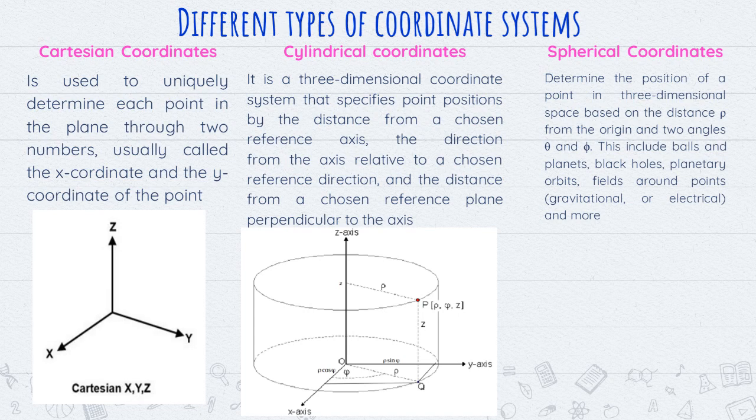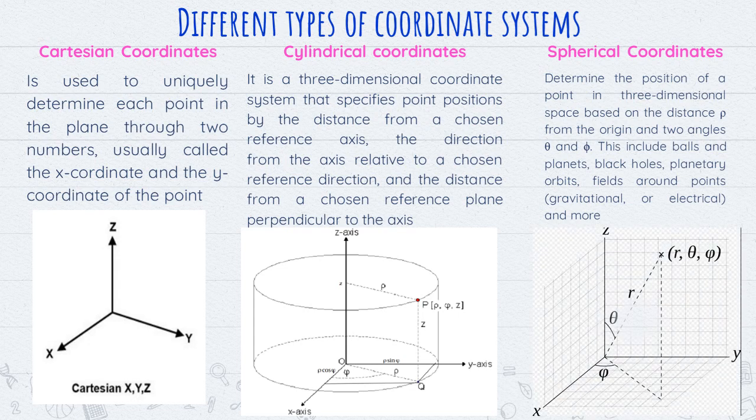Now, the third one is the spherical coordinate system. What is the spherical coordinate system? It is a sphere-like structure. If you want to locate any point in a sphere-like structure, and find points in that structure, then we need spherical coordinates to solve that problem.